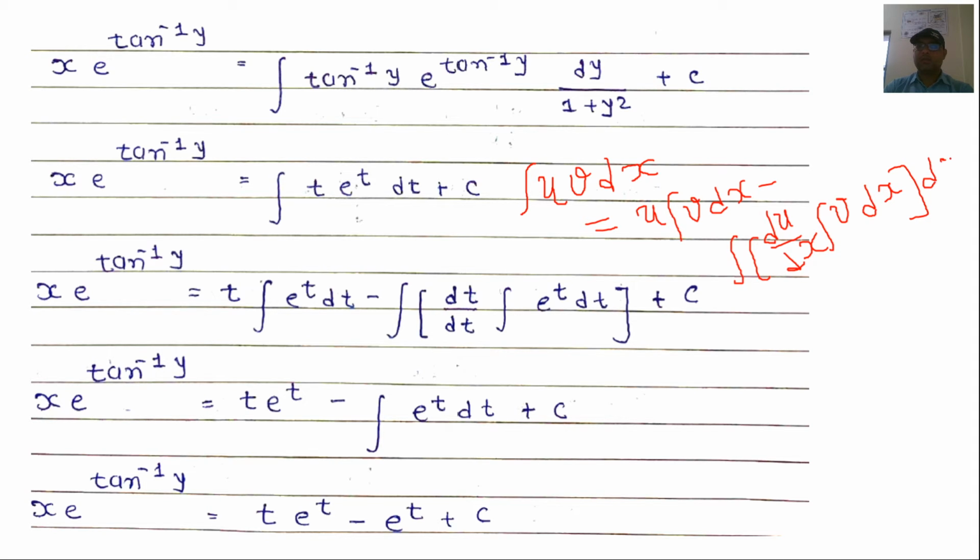This is the rule for the product of two functions. Here u is selected according to the ILATE principle, as you have already learned in your 12th science course.